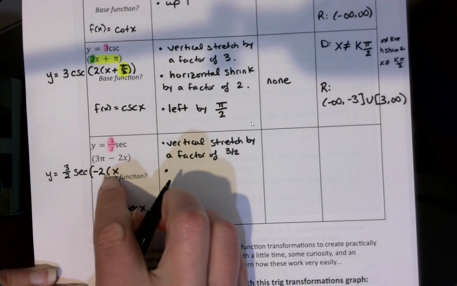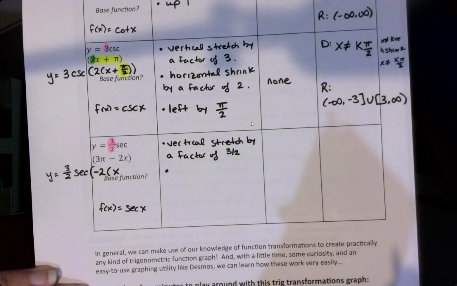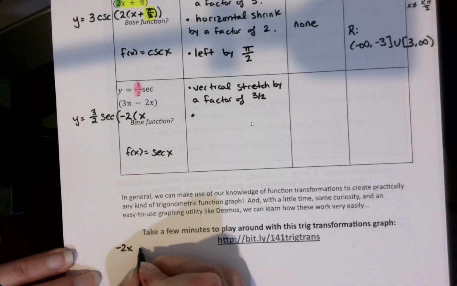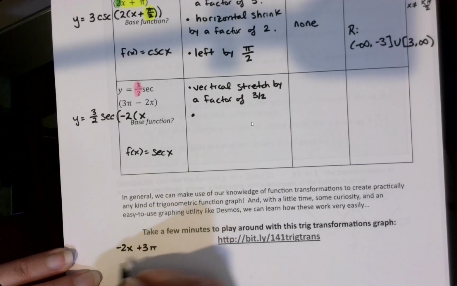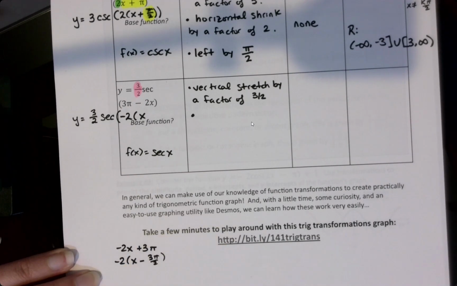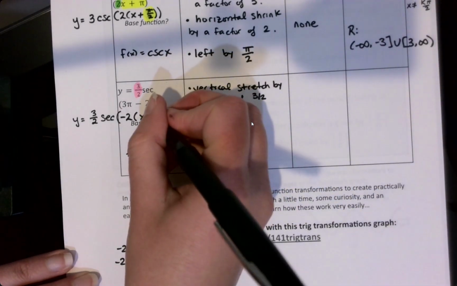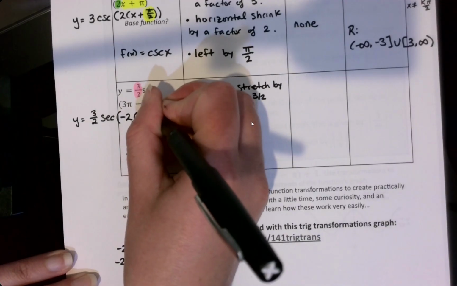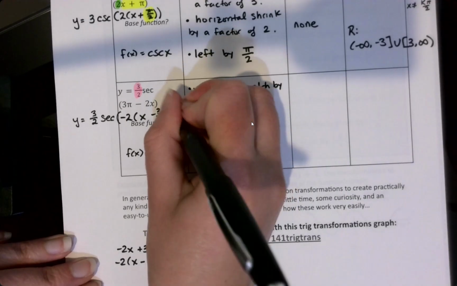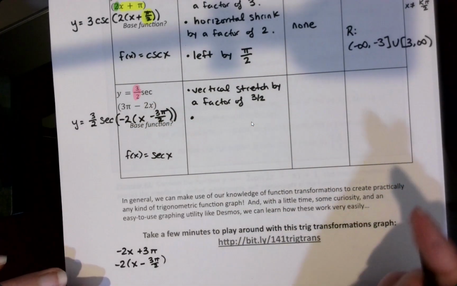Let me just write this down here below. -2x plus 3 pi, and I'm factoring out the -2. So when I divide by the -2, that's going to make this -3 pi over 2. If I multiply by -2, I get back to +3 pi. So I want -2 times the quantity, x minus 3 pi over 2. And then close the first parenthesis for secant.